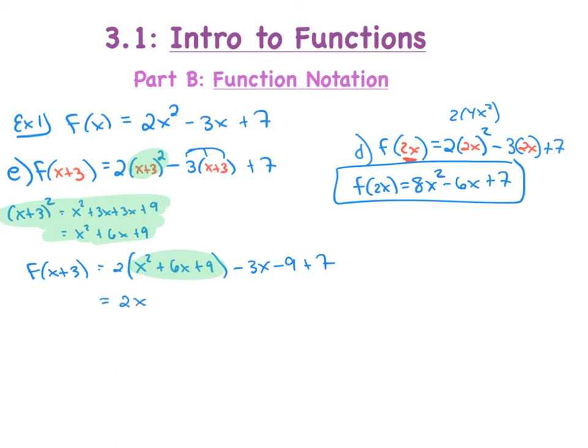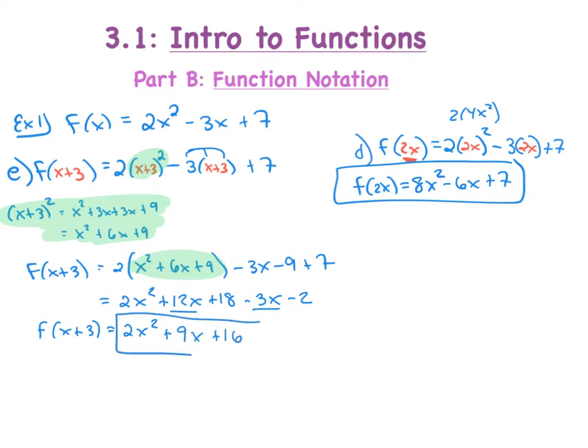So 2x squared plus 12x plus 18 minus 3x minus 2. And then I'm almost done combining my like terms. F of x plus 3 gives us 2x squared, 12x minus 3x is 9x, and 18 minus 2 is 16. So 2x squared plus 9x plus 16. Okay, we got one more to do.